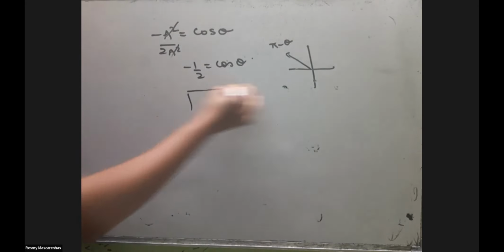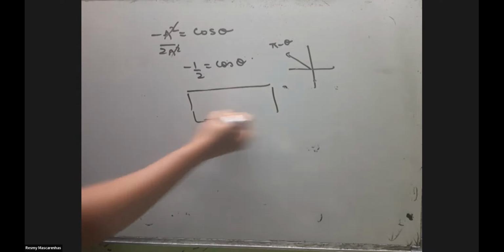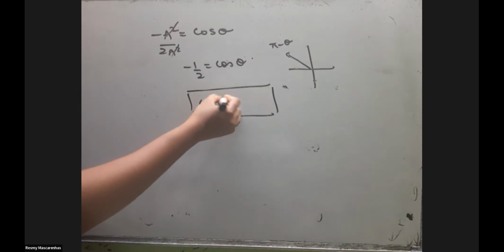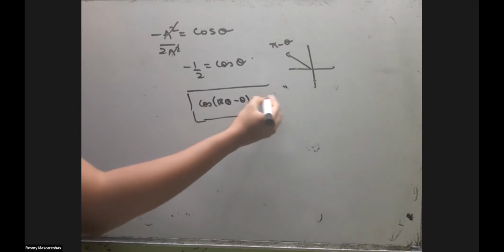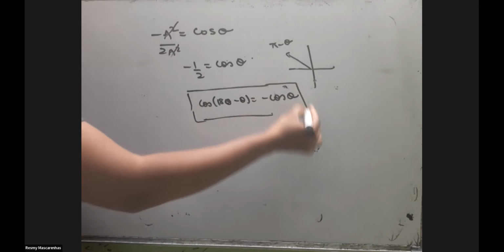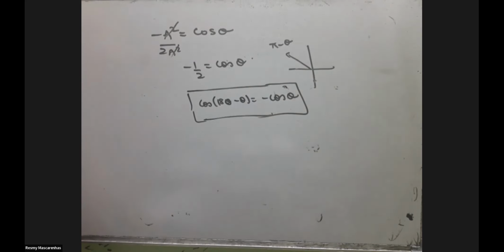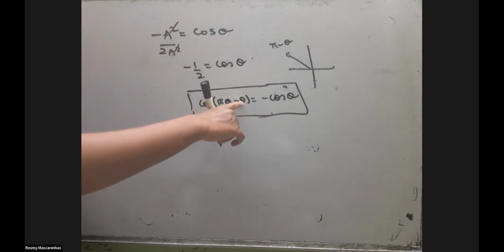Or you can directly remember this formula if you don't want to remember this. We know that cos of 180 minus theta is minus cos theta. Okay, so basically you have to just minus it.